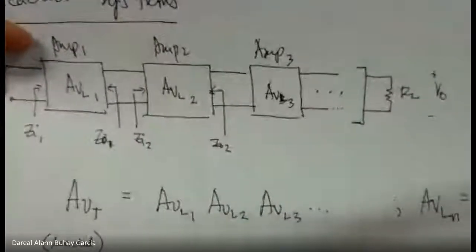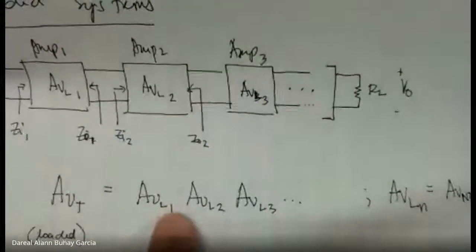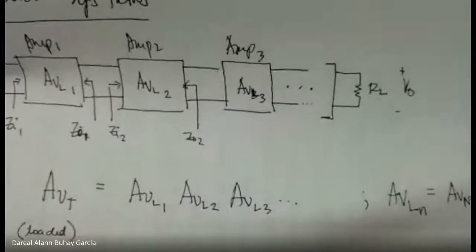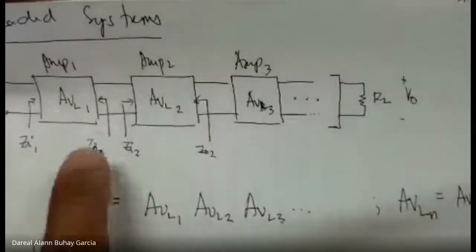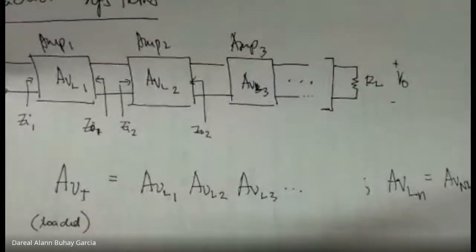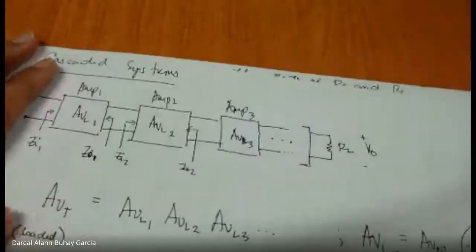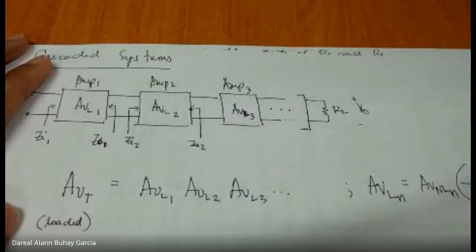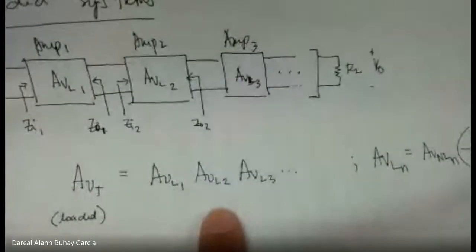Okay? So in comms, what do you remember about the voltage gain of a cascaded system? Do you multiply or add the gains? Multiply, yes. So it's the same here.